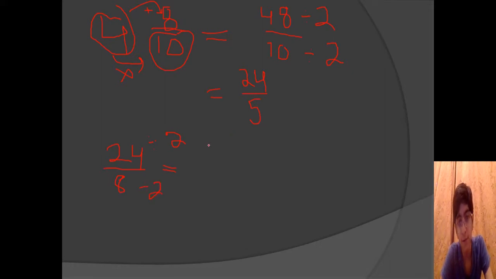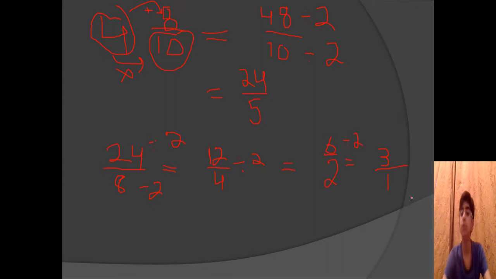So this will make it 12 over 4. Now this can again be divided by 2 to make it 6 over 2. Next, this can again be divided by 2 to make it 3 over 1.